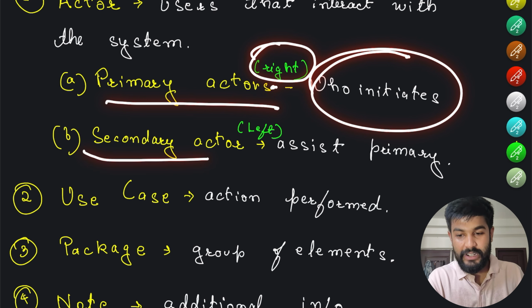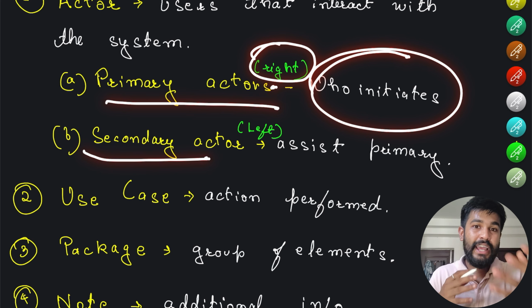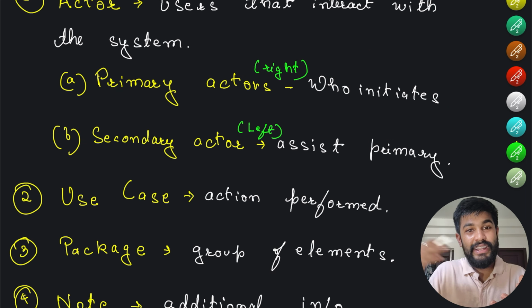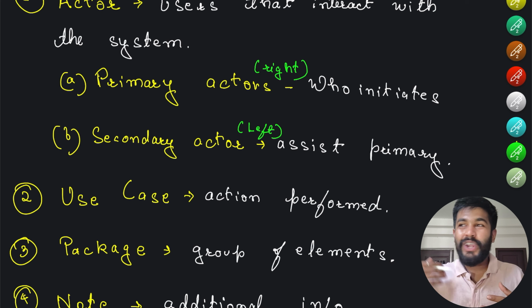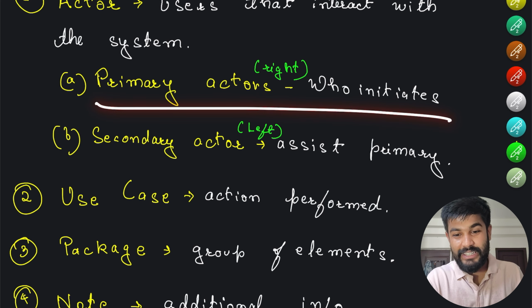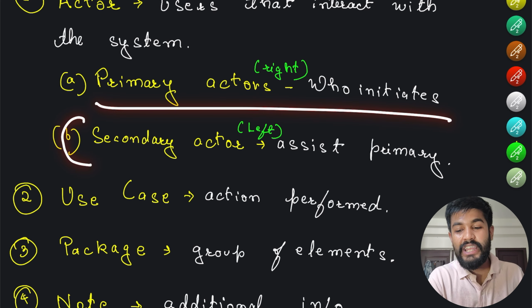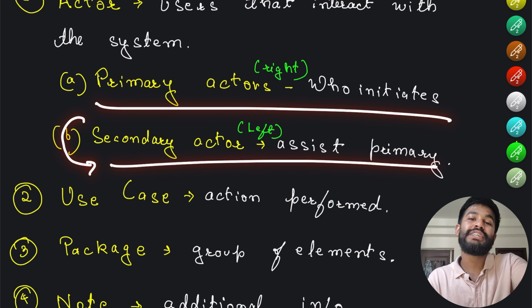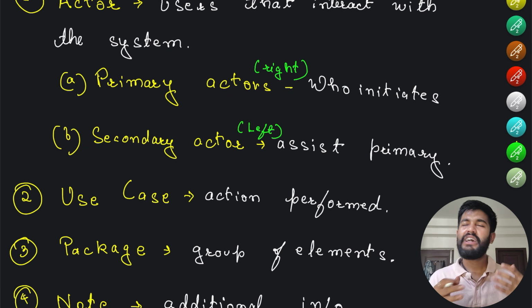The secondary actor, okay, after I got sad, then my friend is there to help me. Why the heck would he be available for me without any cause? So after the primary actor initiates, the secondary actor is there to assist the primary actor. It's just that, let's say I want to transfer some funds in some other account at a bank.